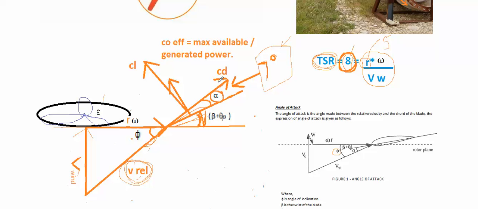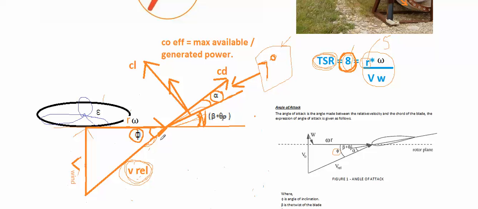If the tip speed ratio changes, then this angle of inclination will change, and this angle right here will change because this is also phi, isn't it? So we have to introduce something which will compensate for the change in phi, because we have designed this twist angle beta for a particular tip speed ratio.